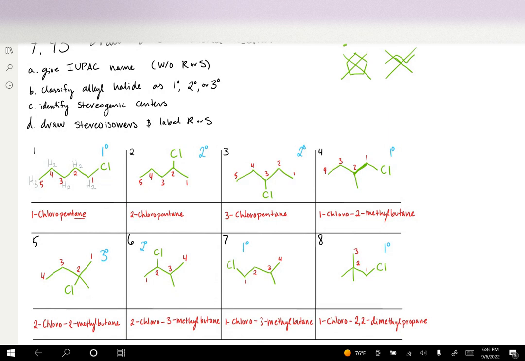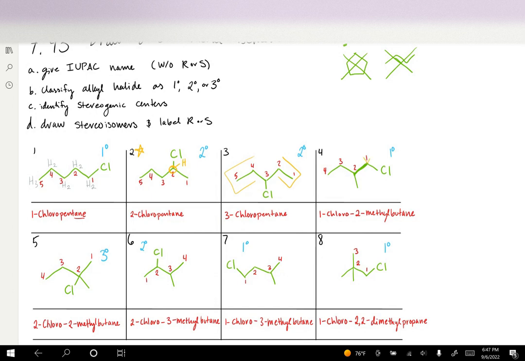Structure 2 has a center here with 4 unique groups: a methyl, a propane chain, a hydrogen, and the chlorine. We have a stereocenter. It's on carbon 2. Both of these chains are symmetric, they're equivalent, so this does not have 4 unique groups.